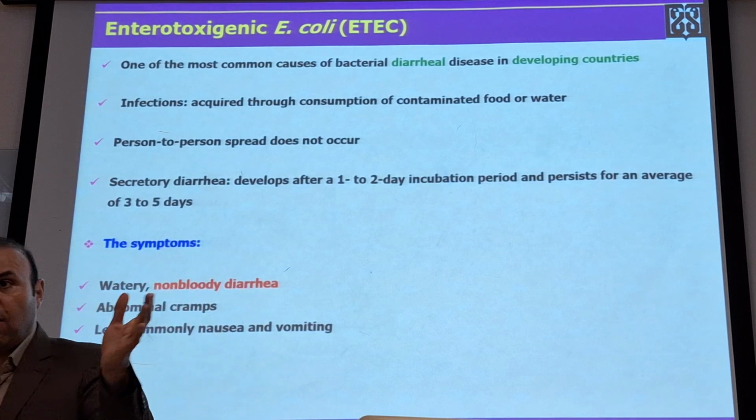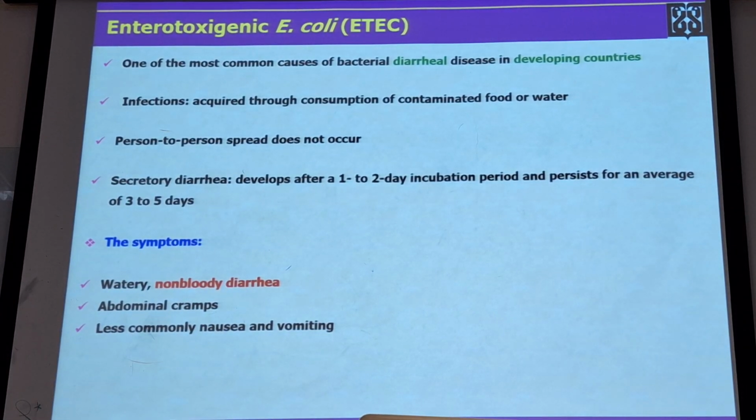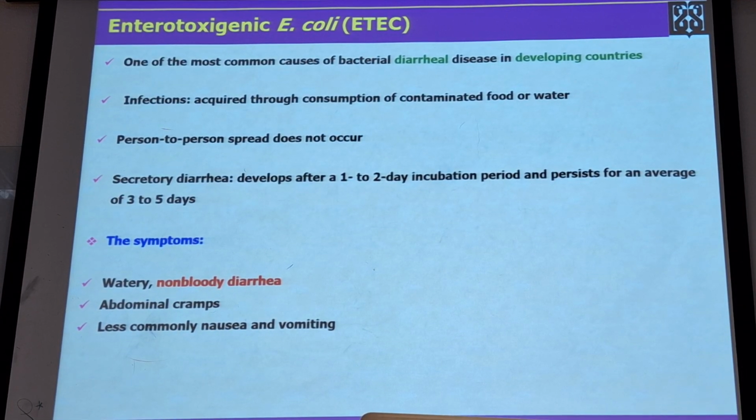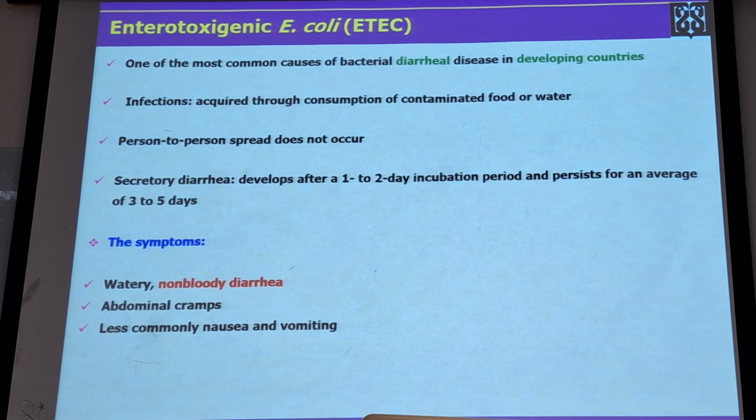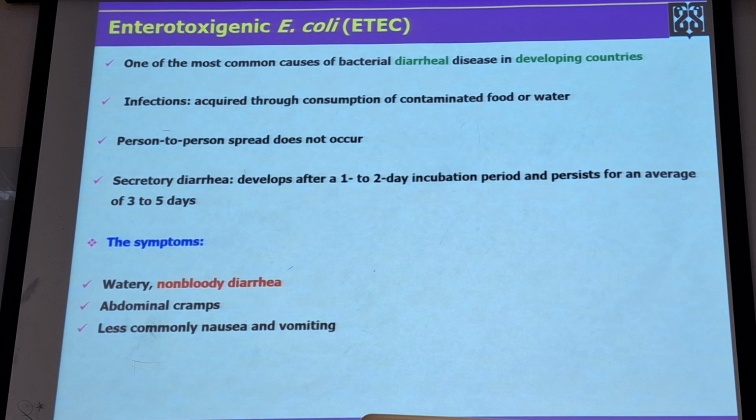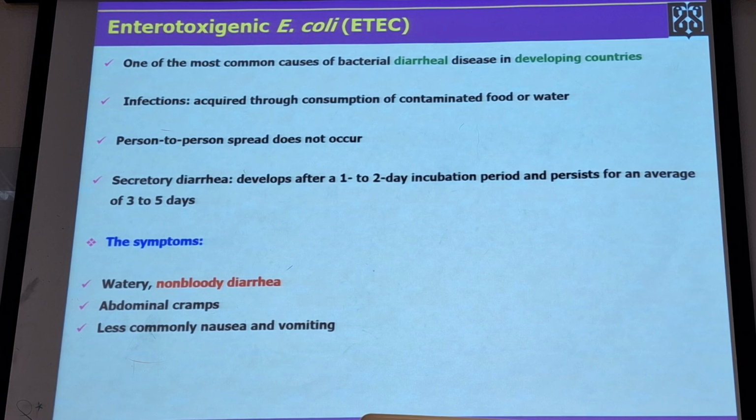ETEC is one of the most common causes of bacterial diarrhea in developing countries. Infections are primarily acquired by the consumption of contaminated water or food. Person-to-person spread does not occur.